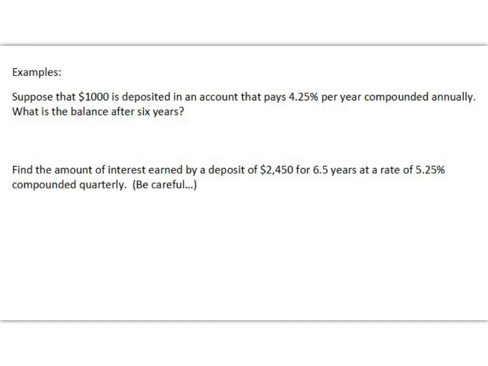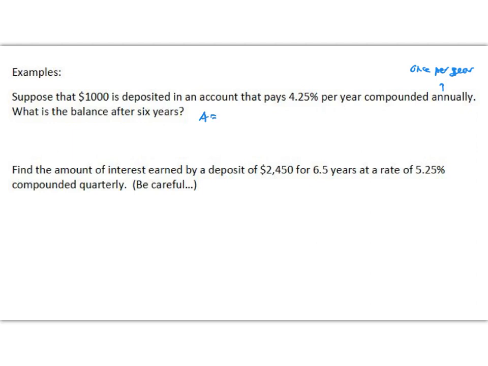Okay, we have $1,000 that's deposited into an account that pays 4.25% compounded annually. Okay, now annually is once per year. If we are compounding annually, then we don't have to worry about adjusting our interest rate or our exponent. So let's look and see how that's going to come out as a formula.